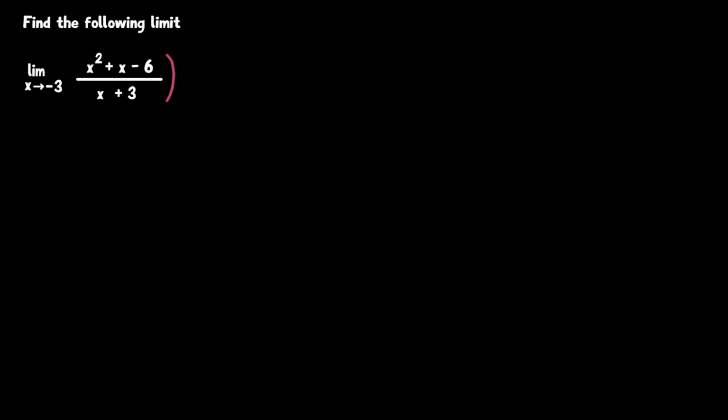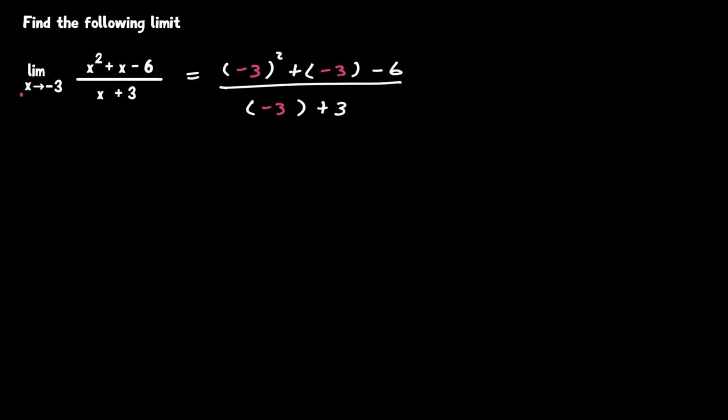So how about we take the same rational function as the previous example, but now we are interested in the limit as x goes to -3. Let's start by evaluating the function at the location of x equals -3. -3 to the second, that's 9, -3 minus 6.